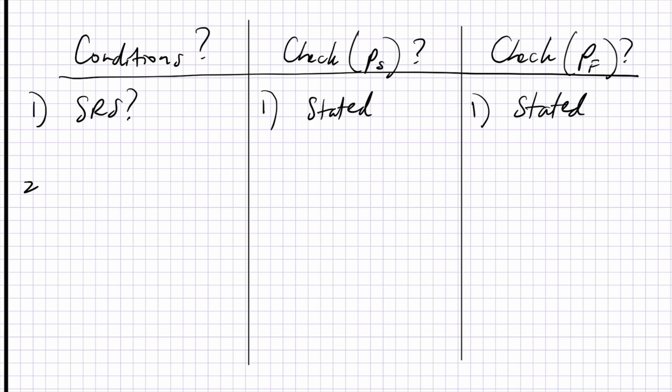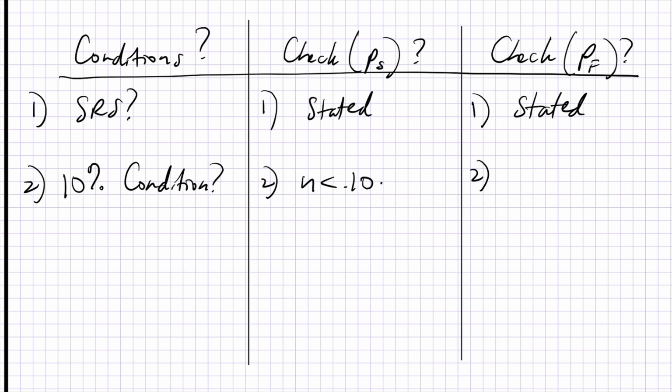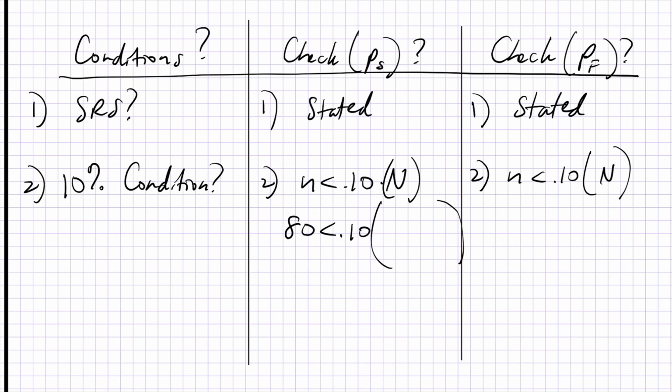Okay. Number 2, 10% condition. So n is less than 10% of big N. For PS, what was n? 80? Okay, is less than 10%. And who is big N? 1,600. They actually give us the population number, right?